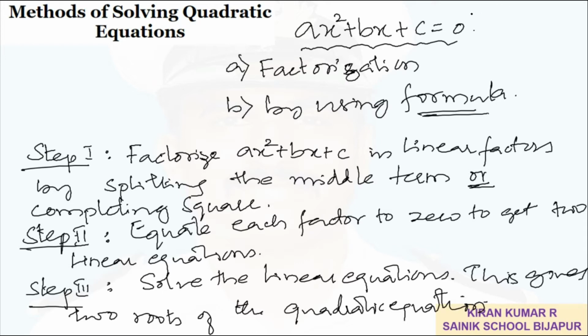I'll consider a general format of a quadratic equation. General form I'll take. I shall find out a root of this general quadratic equation by completing the square method or else splitting the middle term method. Let's do that.